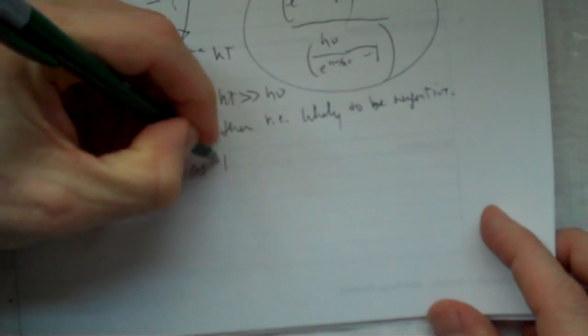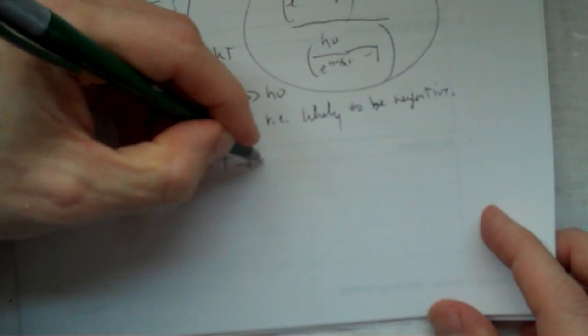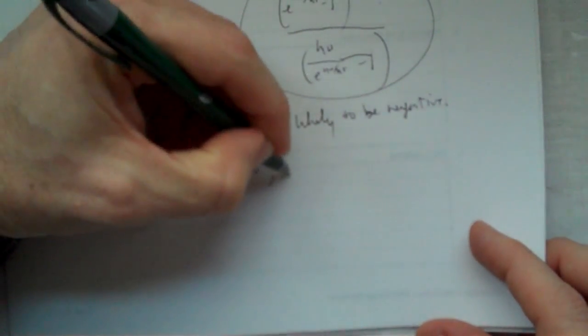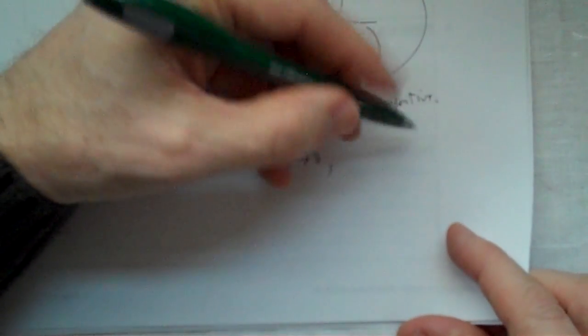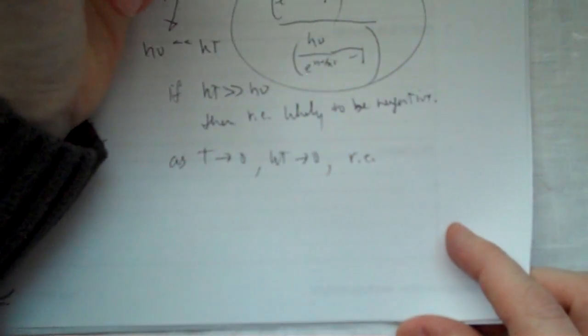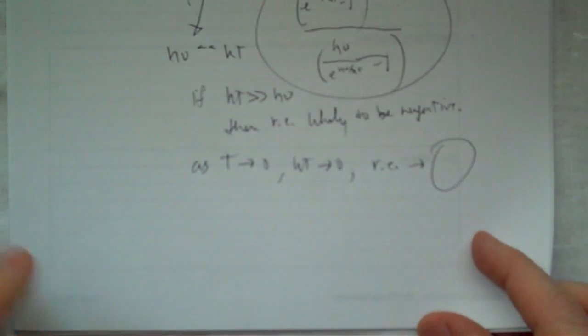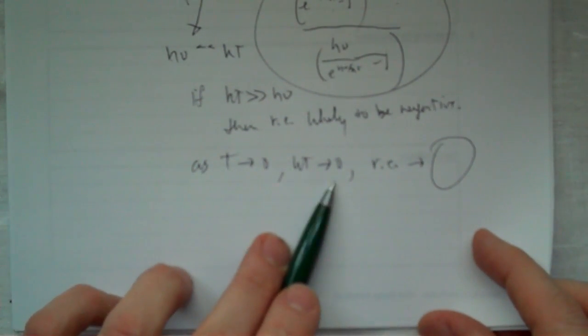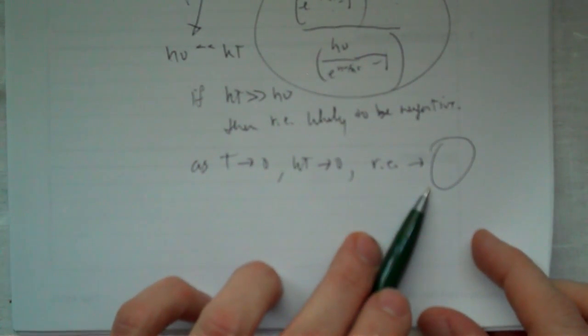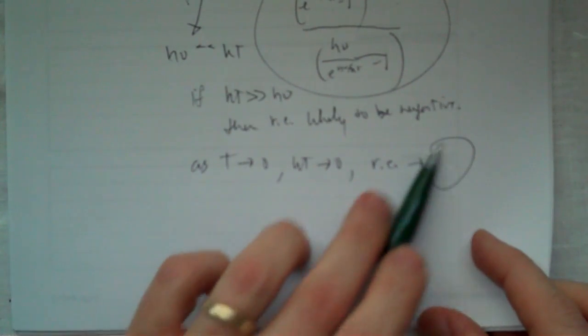As T gets smaller, kT goes to 0, and then the relative error goes to what? Oh, you know what? I should let you answer that. As temperature goes to 0, kT is going to go to 0. What's the relative error going to go to? It's not 0, by the way. It's the question mark. That's for you to answer.